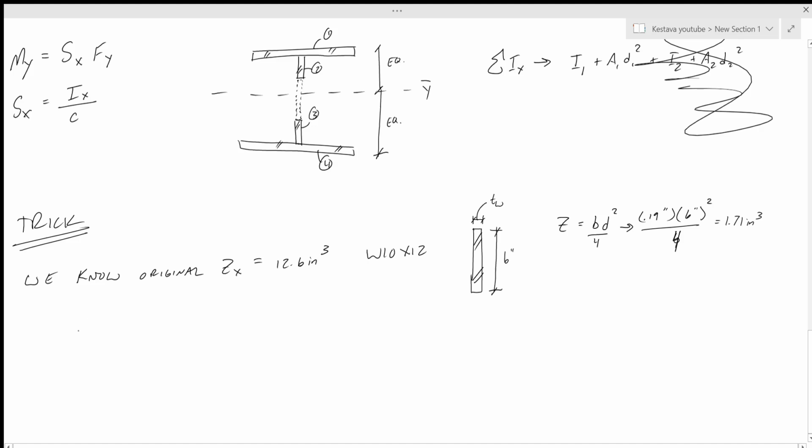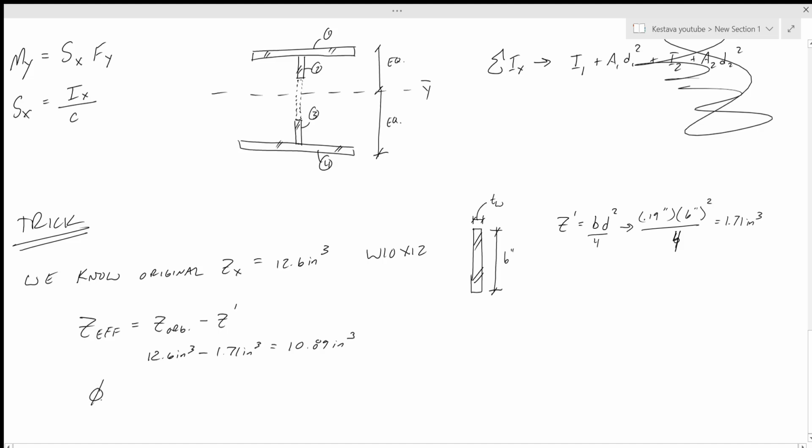So if we want to know Z effective, it's going to equal Z original minus Z prime. That is just 12.6 inches cubed minus 1.71, which gets you 10.89 inches cubed.